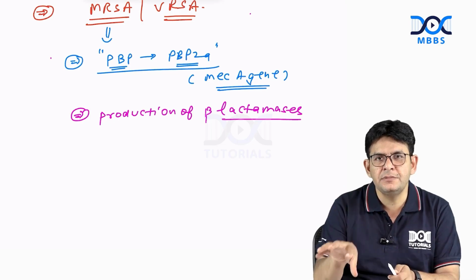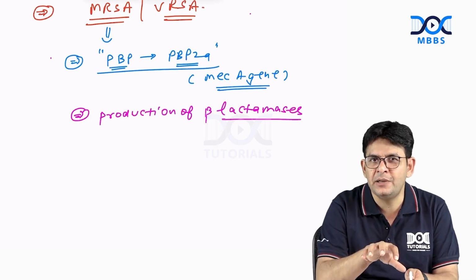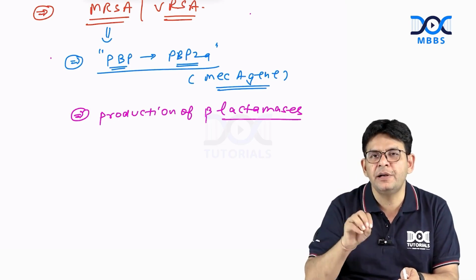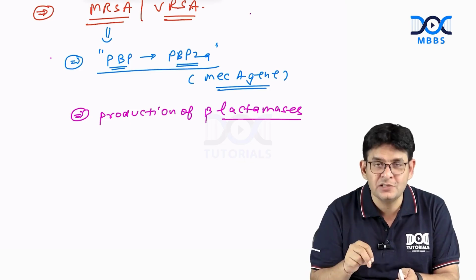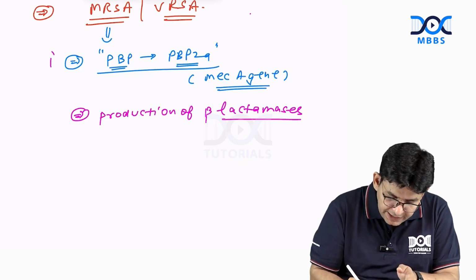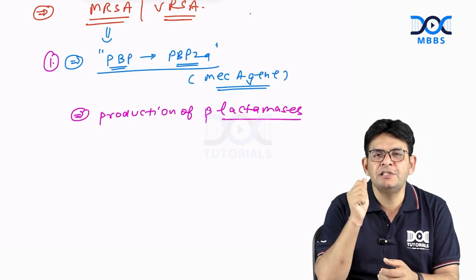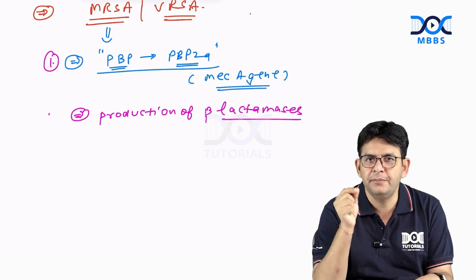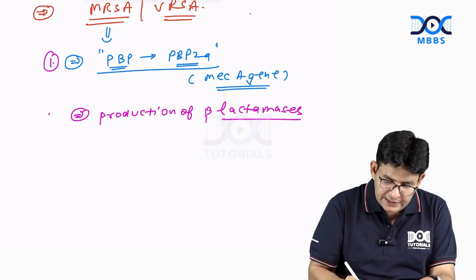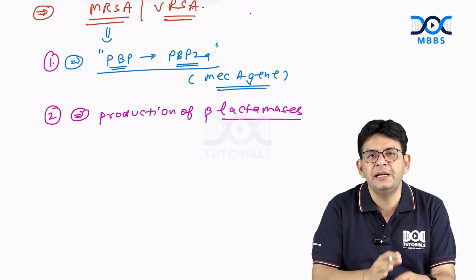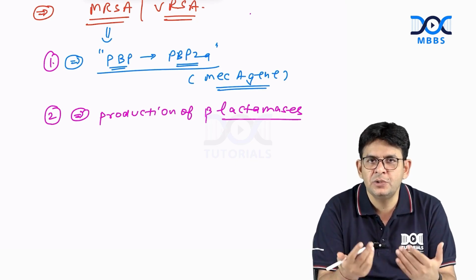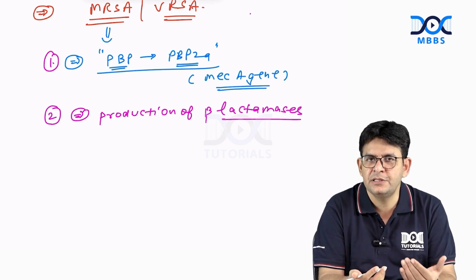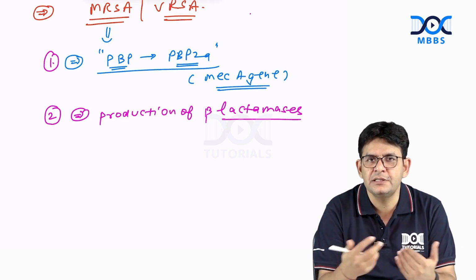Now the penicillin group comes, it cannot find the sites to attach, and that's why it cannot kill that organism. This is the number one factor which makes a simple Staph aureus MRSA. And the second one is production of beta lactamases, and special enzymes like penicillinases are also produced by Staph aureus in becoming MRSA.